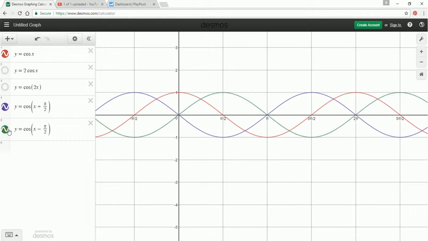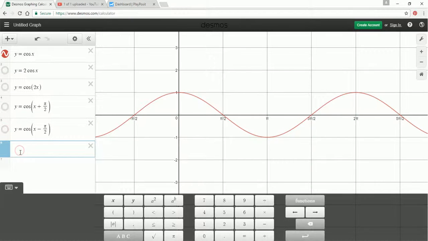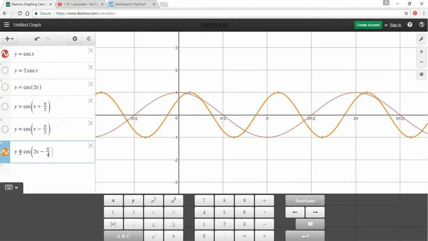Okay, doing minus pi over 2, so let's get rid of that other one, everything actually moved right. So what was at 2 pi is now at 5 pi over 2. What was at 3 pi over 2 is now at 2 pi. So everything moved to the right. We could even do one with both of those in there. So cosine of 2x, let's say minus pi over 4.